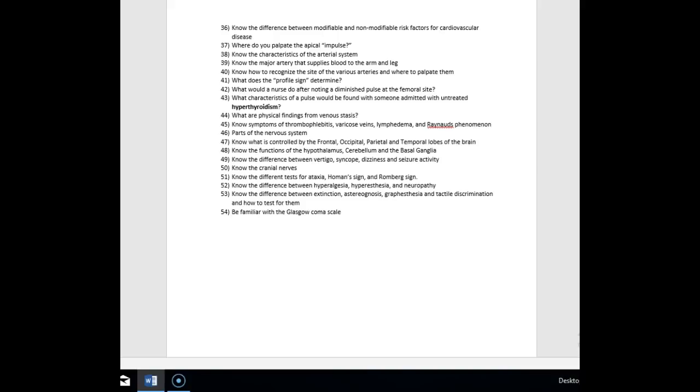So you'll hear people say they passed out and had an episode of syncope. Dizziness is lightheadedness, and usually people say they're having a swimming sensation. Seizure is basically altered consciousness, involuntary muscle movements, and sensory disturbances. So those are the differences.